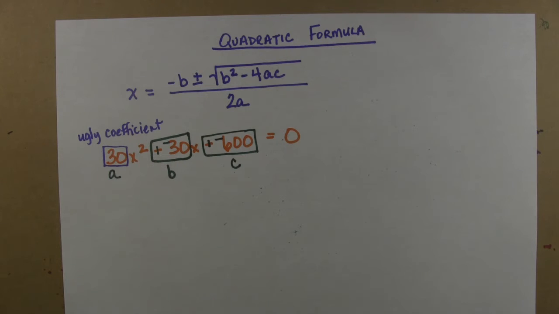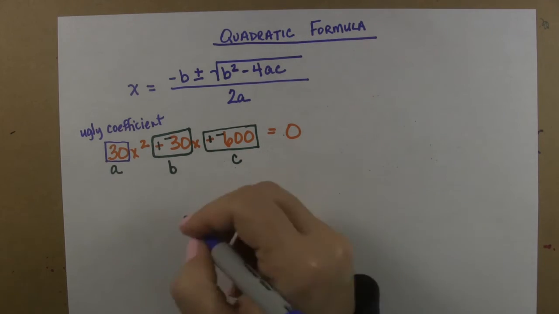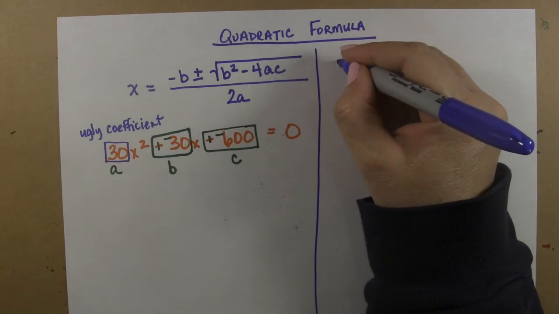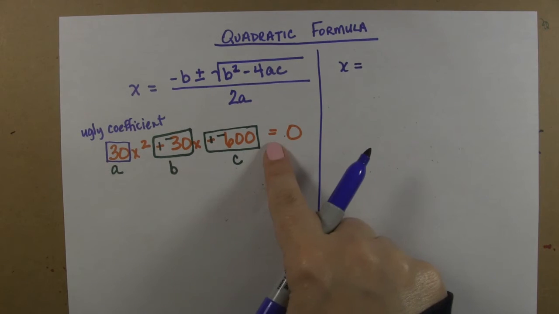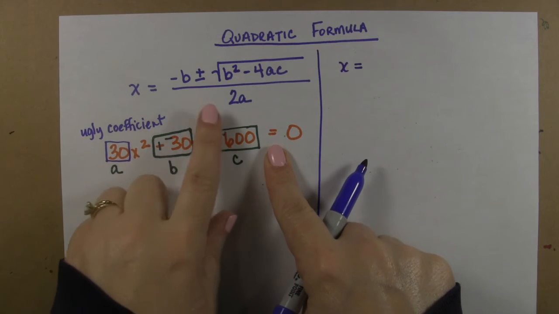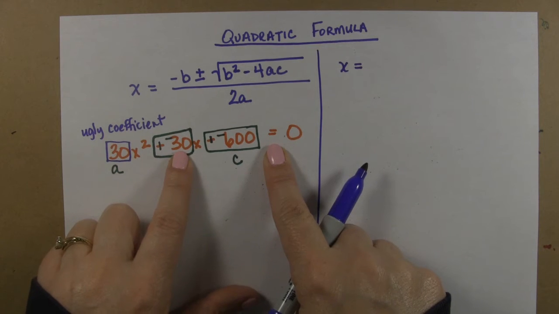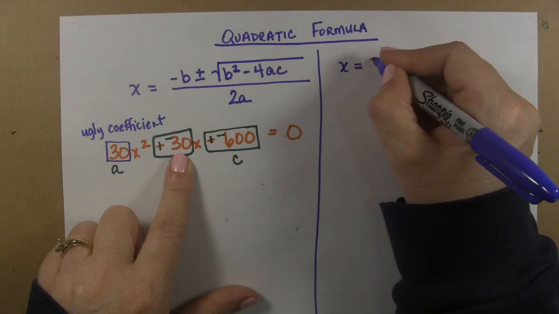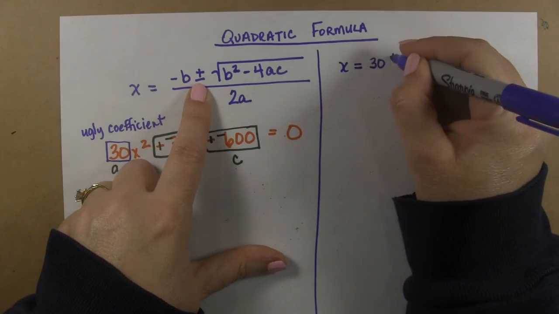All right, so now if I were solving this problem using the quadratic equation, what I would do is write out my formula, but instead of these letters, I'm going to stick in these numbers. So first I have negative b. Okay, regular b is negative 30. So negative b will be positive 30. Then I have the plus or minus sign.